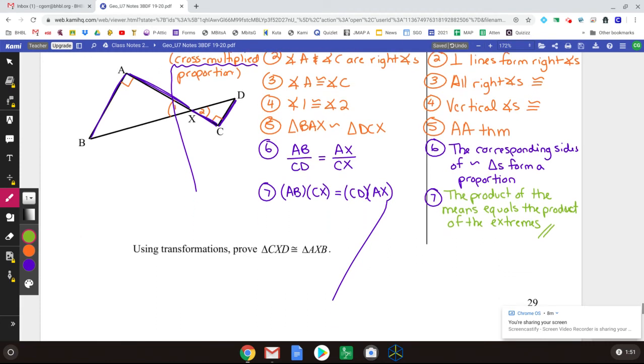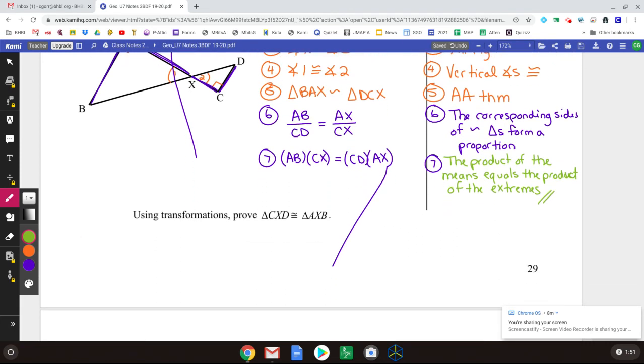So taking a look at the bottom part, I want to know, how do I then prove that these triangles are congruent by using transformations? So there's a couple of different ways that we can do this. Okay, so one possible way we can do this is using two transformations.